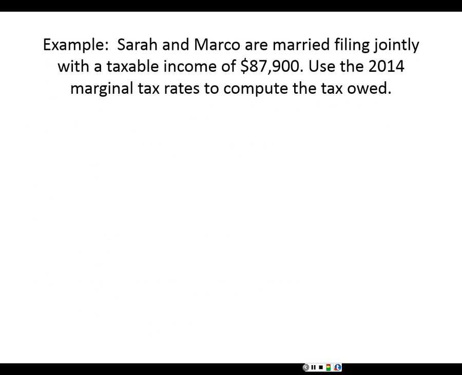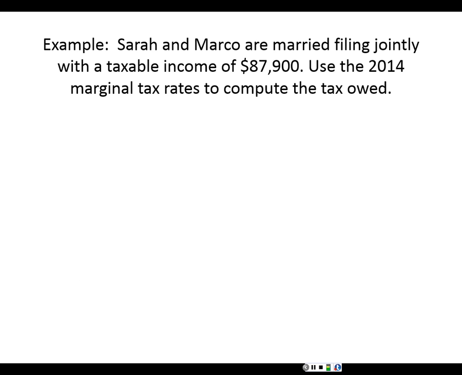Sarah and Marco, they have a taxable income of $87,900, so we use the tax tables to compute the tax owed. To do that, first of all, we have to double check. We have taxable income. Yes, we do. So taxable income is what we take to the tables.